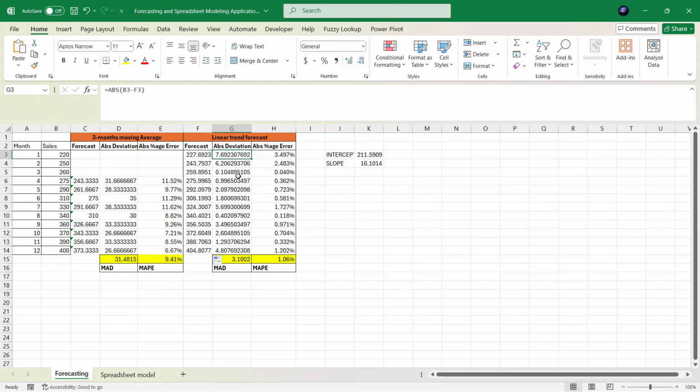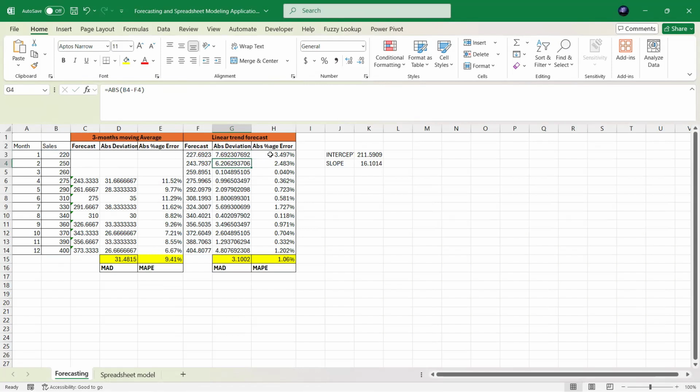So after that, to assess the accuracy of the forecast, I calculated the absolute deviation in cell G3 using the formula ABS of B3 minus F3, which gives the absolute difference between the actual values and the forecasted values.